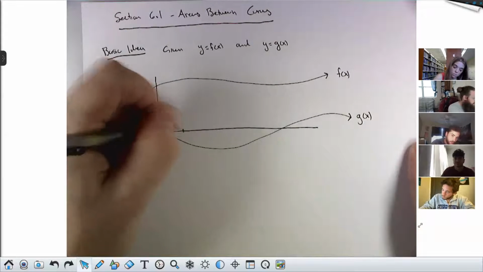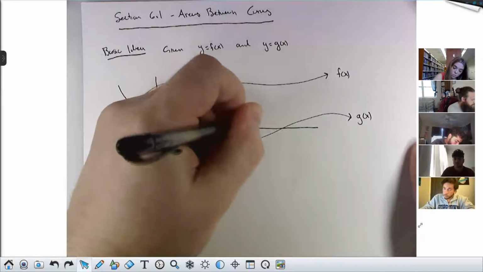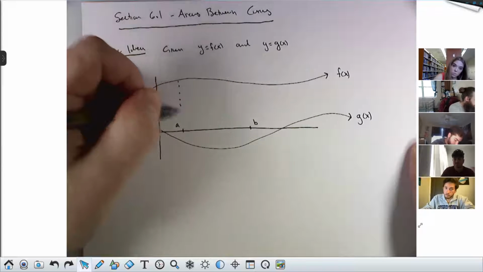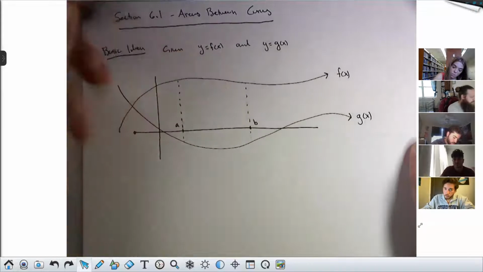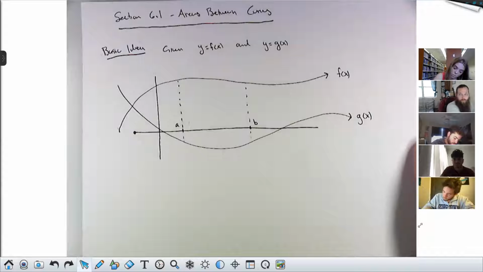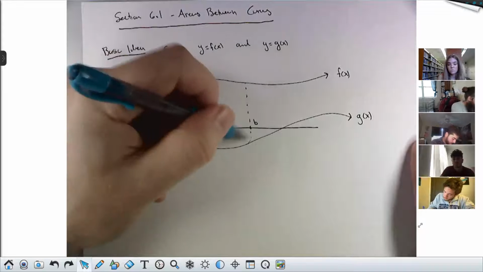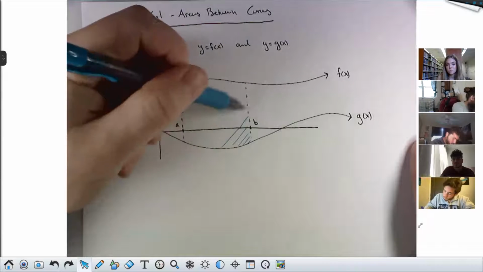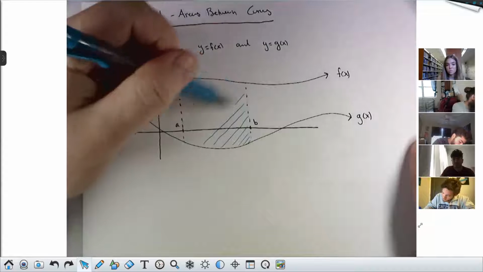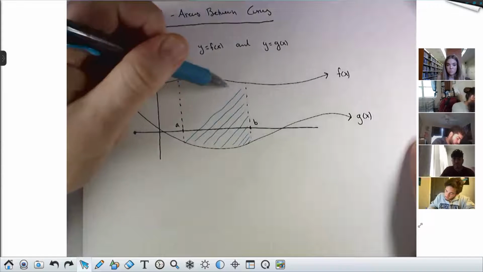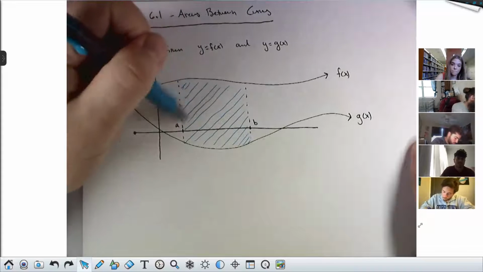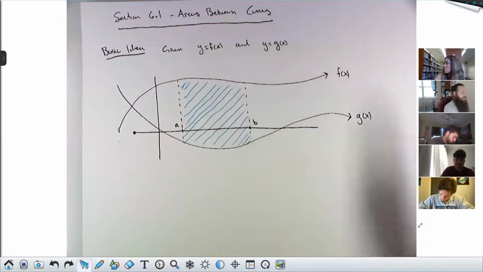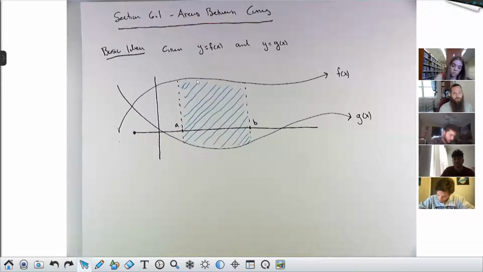If you specify an interval like a, b, and you want to find the area between these two curves, regardless of whether one is positive or the other is negative, it really doesn't matter. The area we're after here is this stuff. The way you would do this is by integrating the upper function minus the lower function.